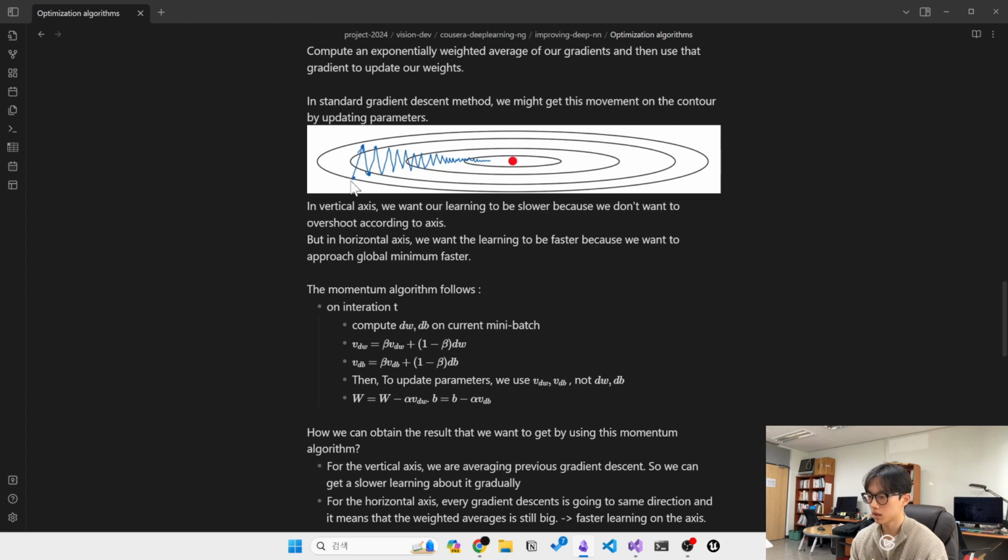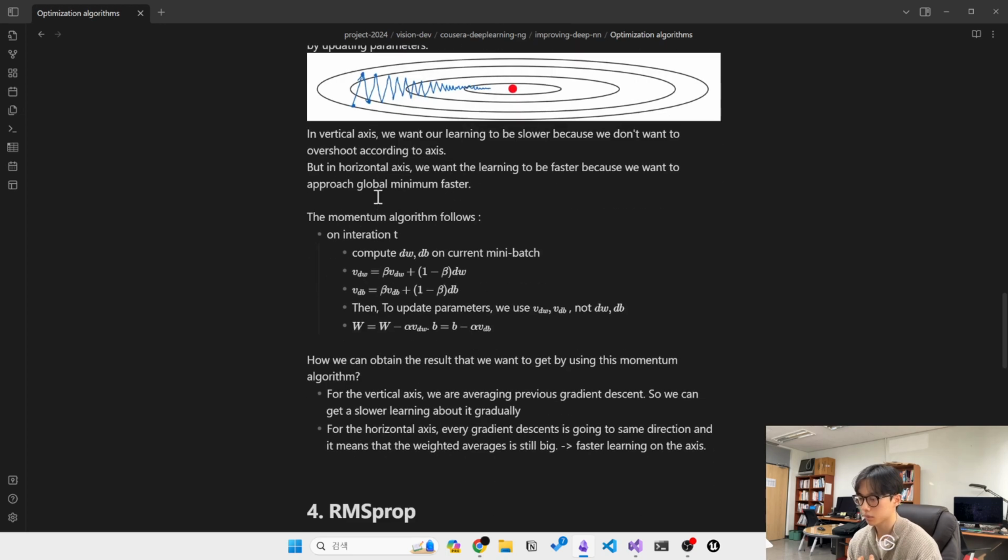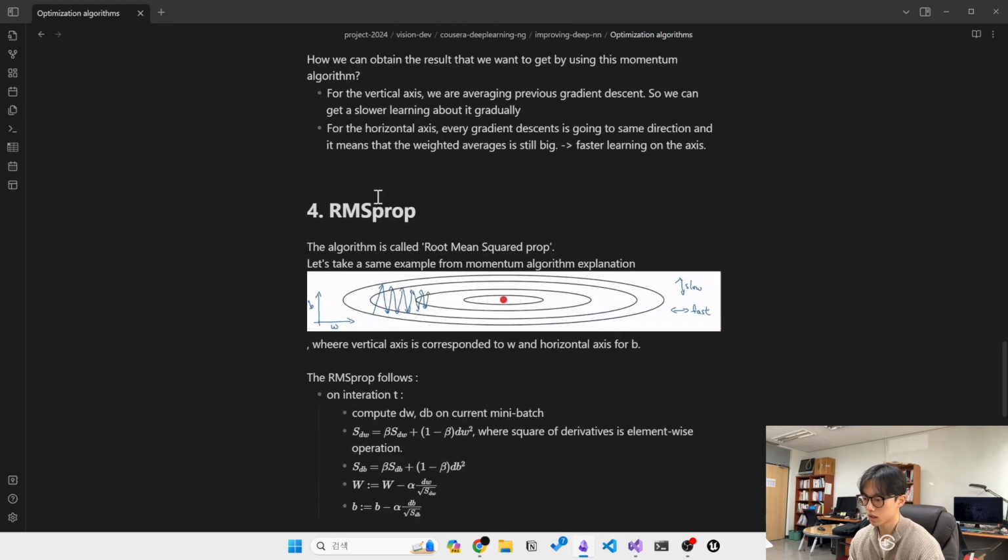But as you can see, db sometimes goes up and sometimes goes down. So the average of these directions will be relatively smaller than dW, so that we can get the result that we want.